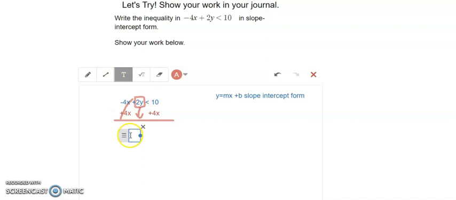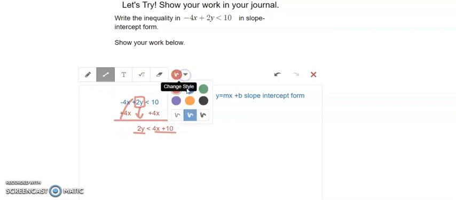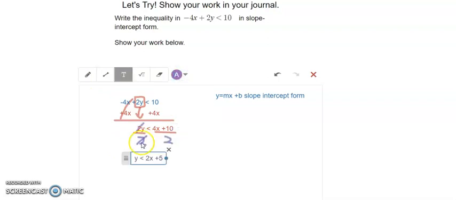So I'll get 2y is less than 4x plus 10. But I'm not done yet. I still have to divide both sides by my coefficient to get the y by itself. So I divide both sides by 2, and then my 2's will cancel. And then I'll get 4 divided by 2, which is 2, and 10 divided by 2, which is 5. So when I rewrite this into slope-intercept form, I'm going to get y is less than 2x plus 5.